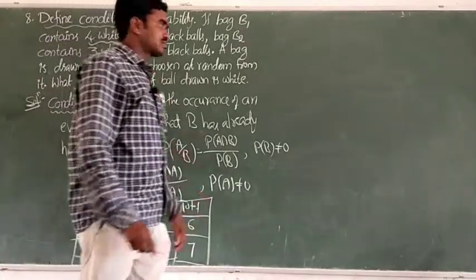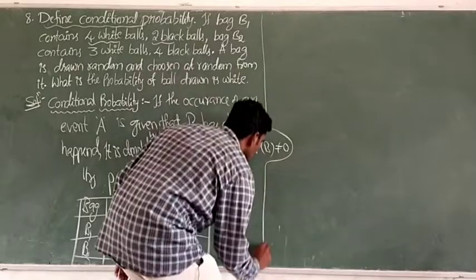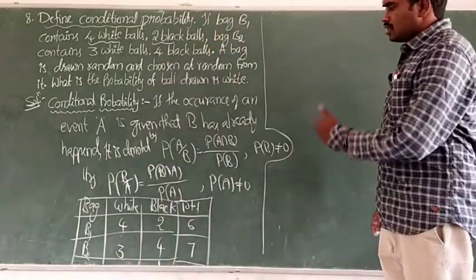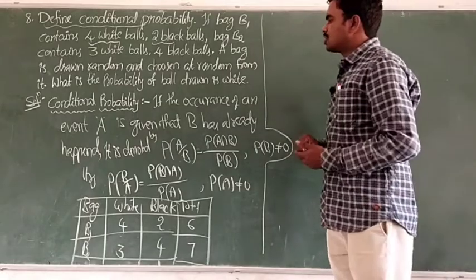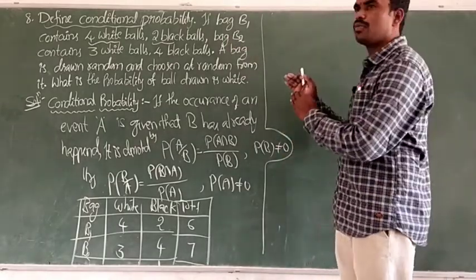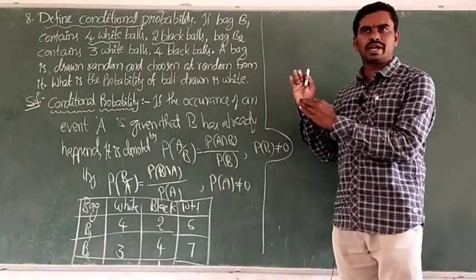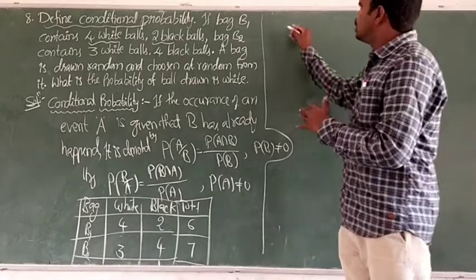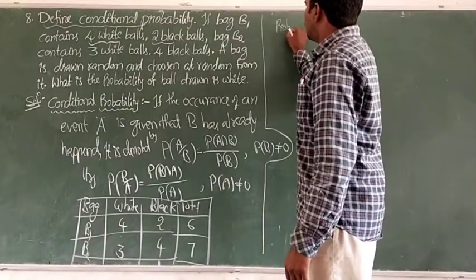Okay friends? Yes, so this is given. Now take the question. Here 2 bags are there. First I am going to write the probability of bag B1 and the probability of bag B2. What is the probability of bag B1?